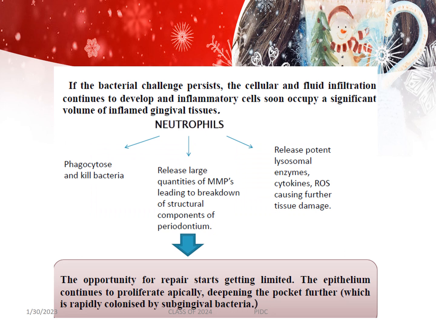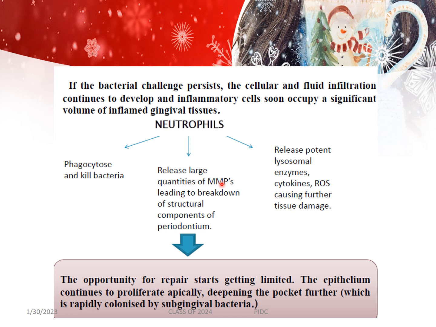If the bacterial challenge still persists, which means you have not yet gone in for scaling or oral hygiene maintenance, then the cellular and fluid infiltrate continues to develop and the inflammatory cells soon occupy a significant volume of inflamed gingival tissue. The main cell is the neutrophil. Neutrophils not only phagocytize and kill bacteria, but on the other hand release a large number of matrix metalloproteinases.